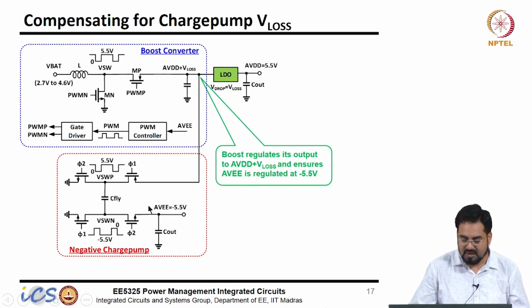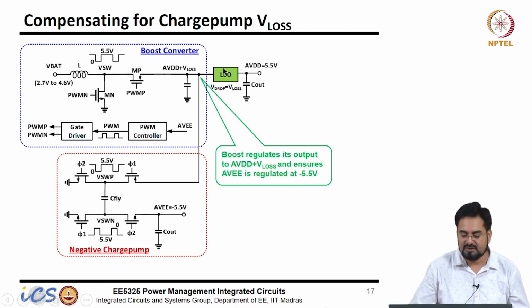Now the feedback will be coming from here, because we are interested in this minus 5.5 volt, so this will be fed back. This voltage will be regulated at minus 5.5 volt, and whatever extra voltage there is here, we do not care, because the LDO will handle that.